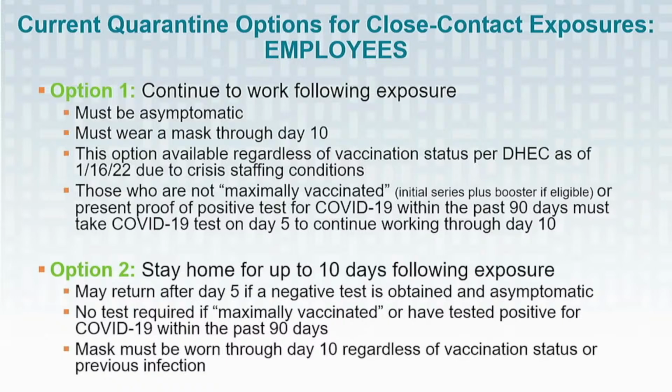And on the 5th day, you have to take a test. And as long as the test is negative, you can still keep coming to work. Right now, if you're a student and you're exposed to COVID, you got to sit at home until the 5th day, take a test, then you could come to school.